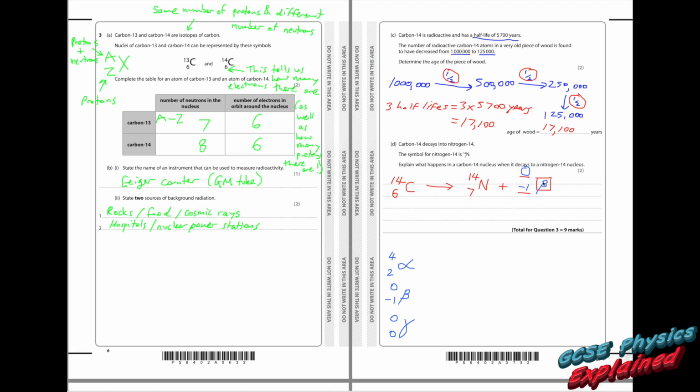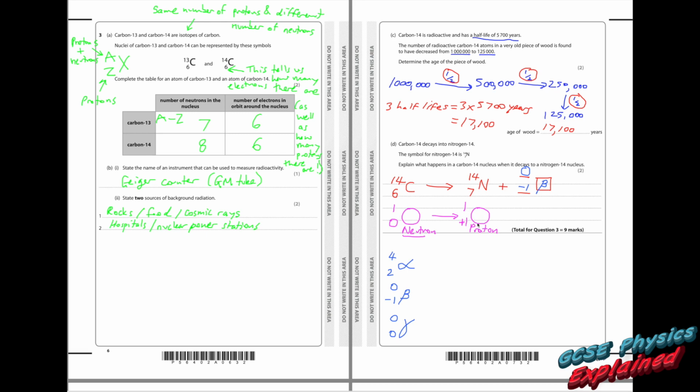Now, how do you get a beta particle? Well, one of the neutrons from inside here. Now a neutron, it's got a mass of 1, but it's neutral. It's got a charge of 0, and that turns into a proton, which has got a mass of 1 and a charge of 1. So I'll just put the plus 1 there, just to make it easy.